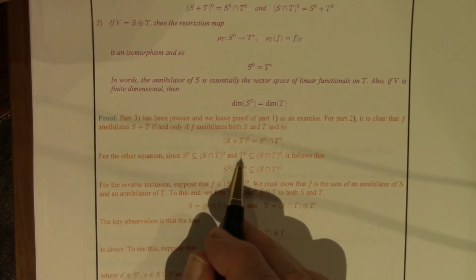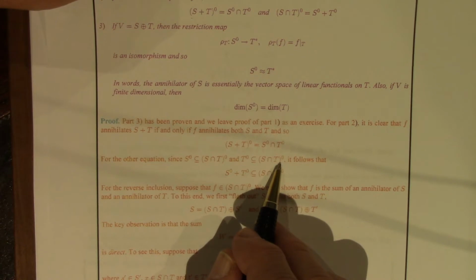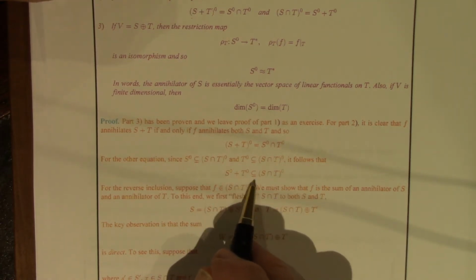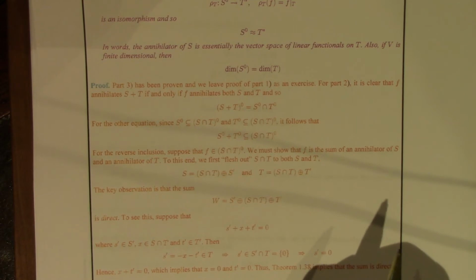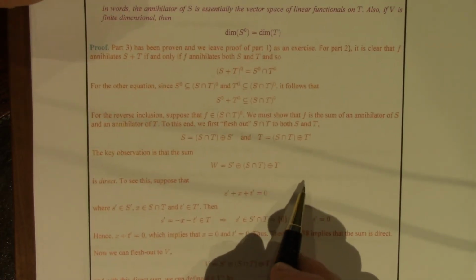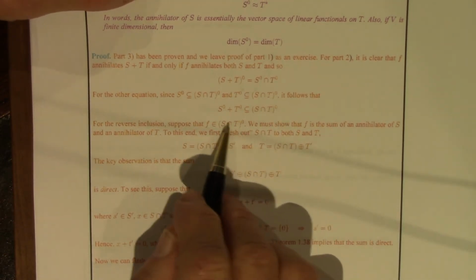And similarly, T naught is contained in S intersect T naught. So this sum is contained in S intersect T naught. It's the reverse inclusion that is a little testy. Perhaps there is a better proof, or at least a shorter proof.